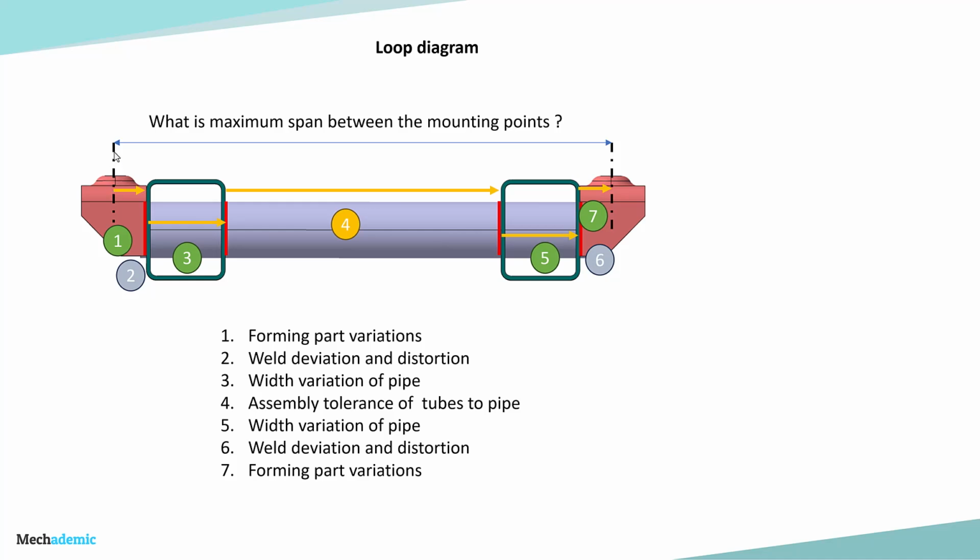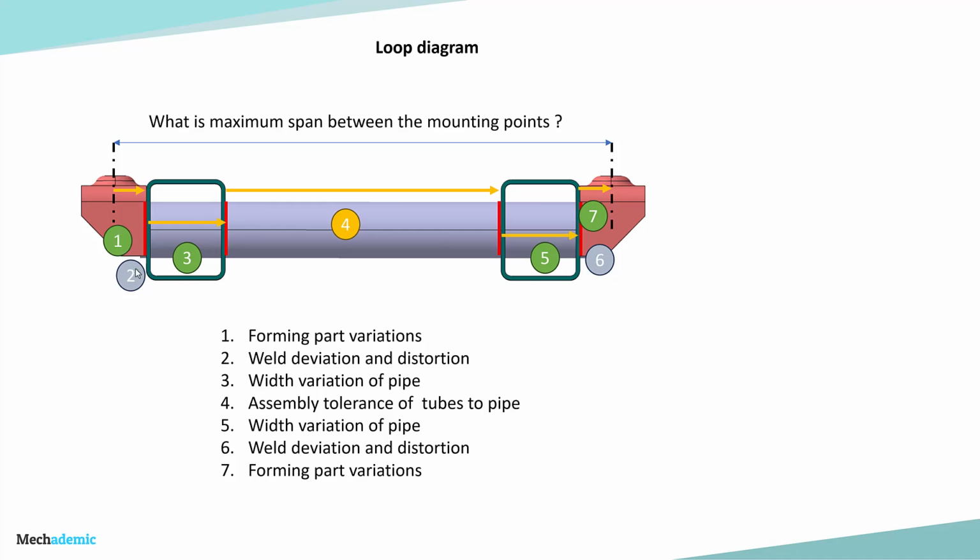So the first variation is from the axis of the bracket to the edge of the bracket, which is variation number 1, which is forming part variation. So this part is developed using sheet metal forming, and the variations which are coming of the center axis based on the edge of the bracket will be covered in specification number 1.